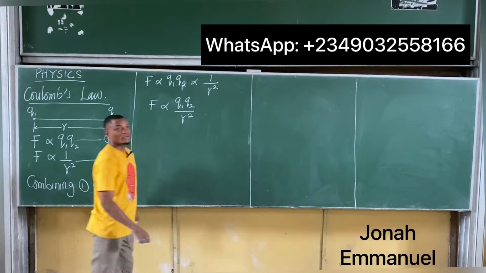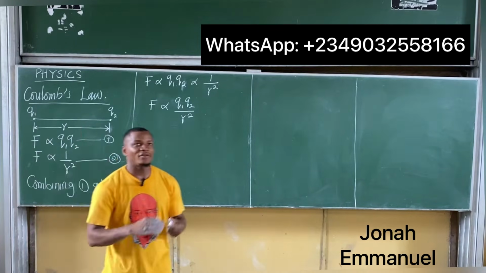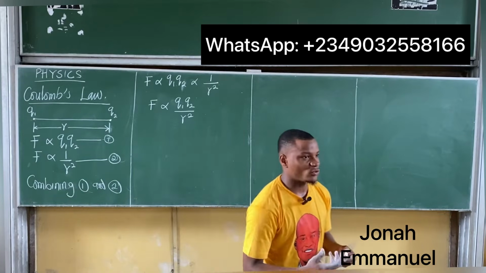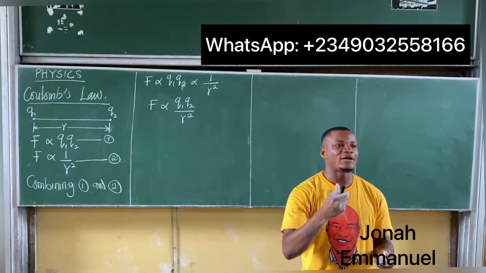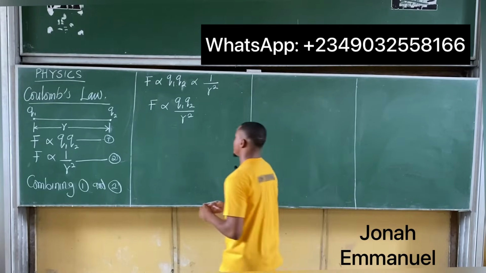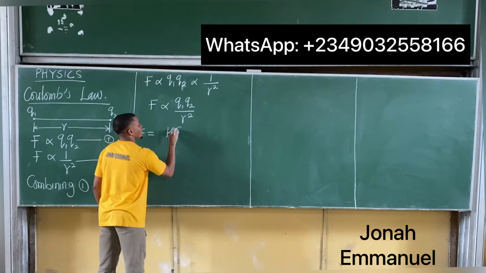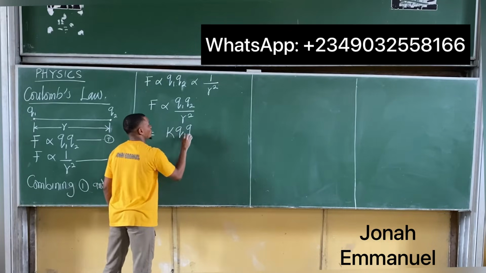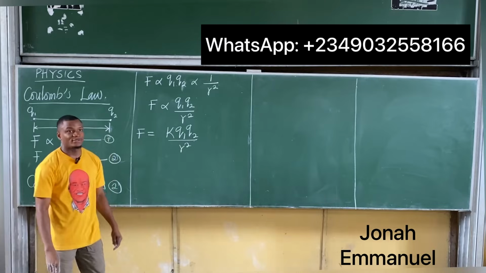All right, so what next? From here, we know that if I have a proportionality sign, what do I do there? Take it off, replace it by equal to, and add a constant. So in this case, I'll have that F is equal to K Q1 Q2 all over R squared.